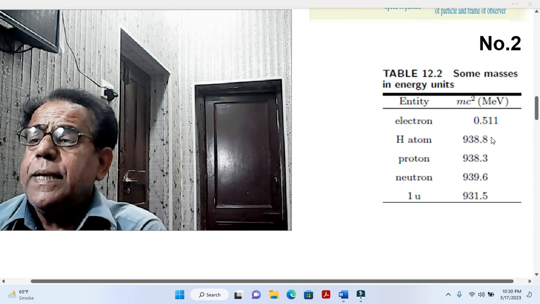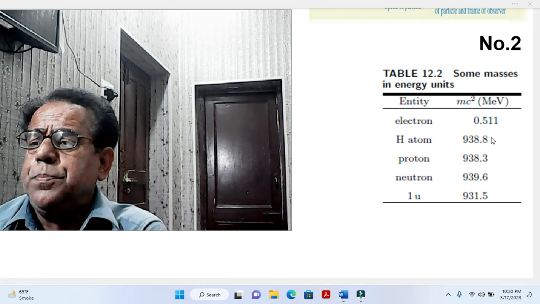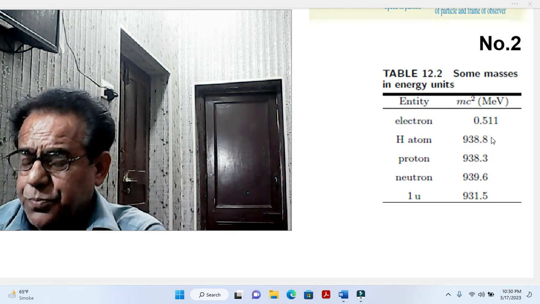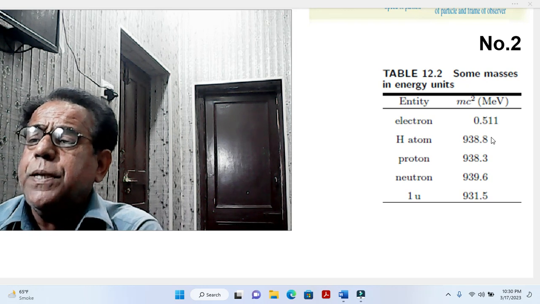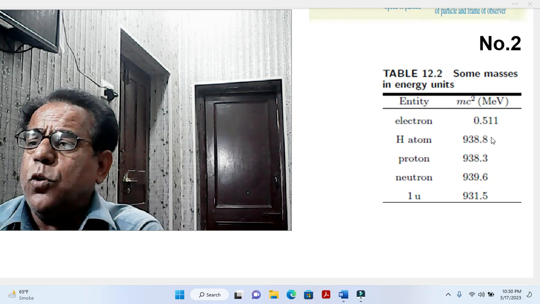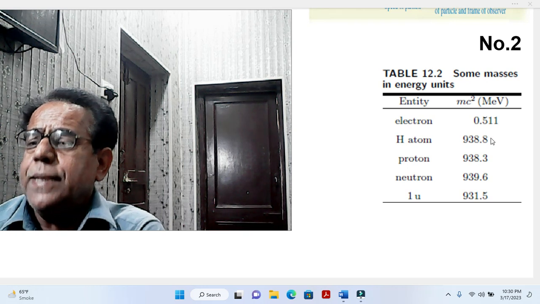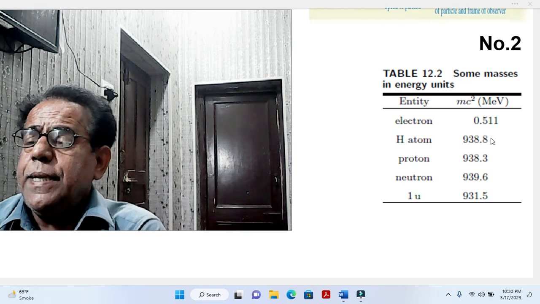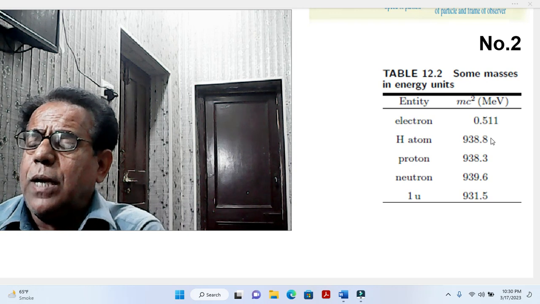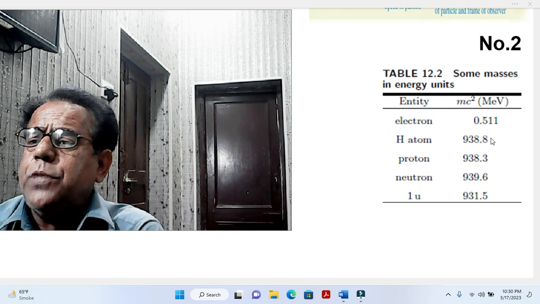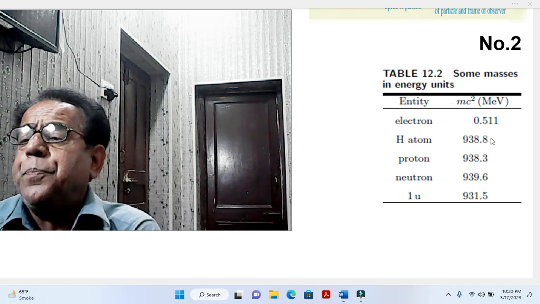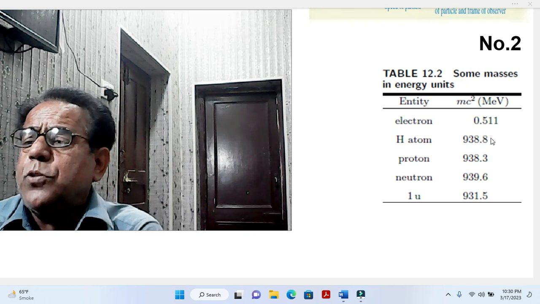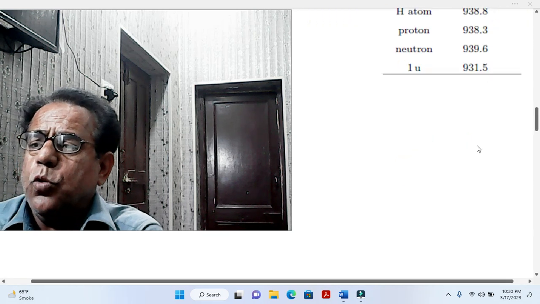In this problem we will use the value of mc square in terms of million electron volt. Because here the electron is under consideration, we will use the value 0.511 million electron volt, or 511000 electron volt.